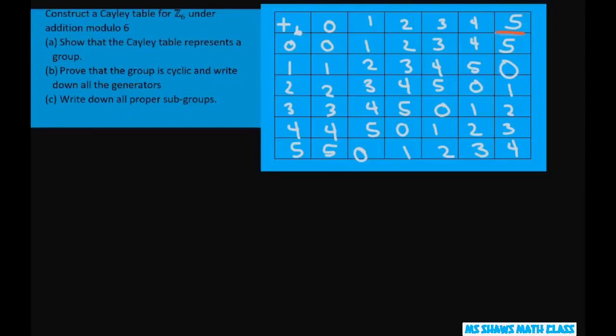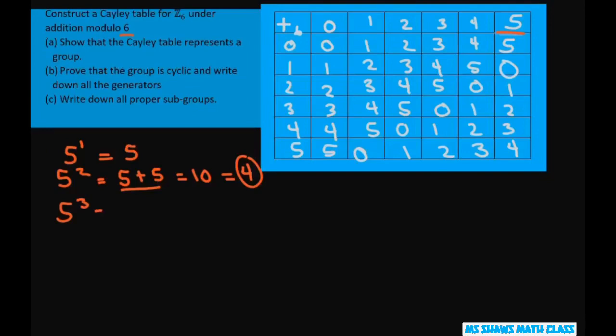So 5 to the first power equals 5. And then 5 squared means 5 plus 5. Well, 5 plus 5 is 10. Divide that by 6, and the remainder is 4. So this is going to equal 4.